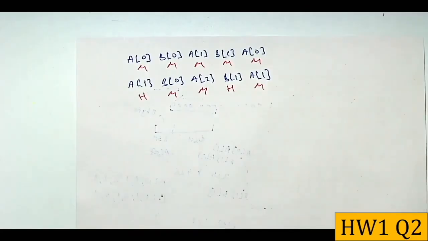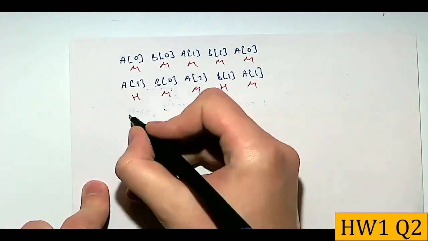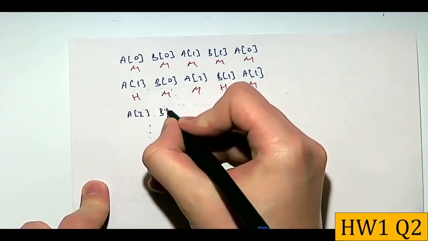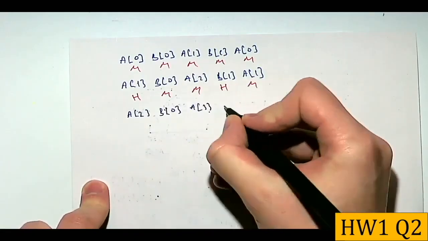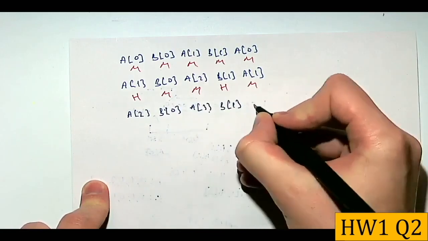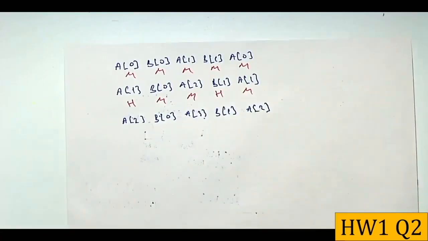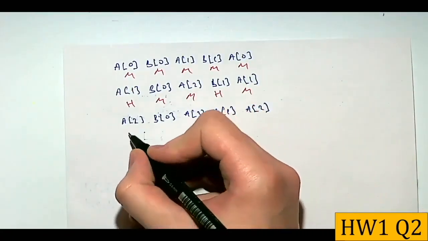Nice. Okay, I'm gonna now quickly go through some other iterations just to show you the hit and miss pattern that we'll eventually get. So A3, B1, A2. In this iteration, we already have A2 in the cache.